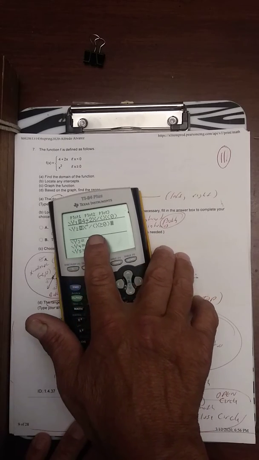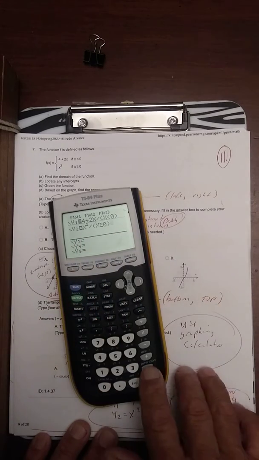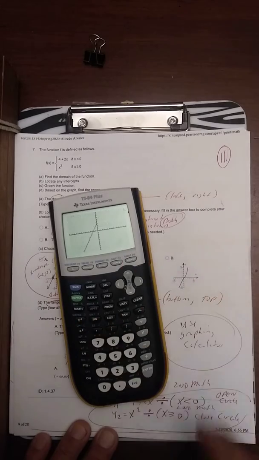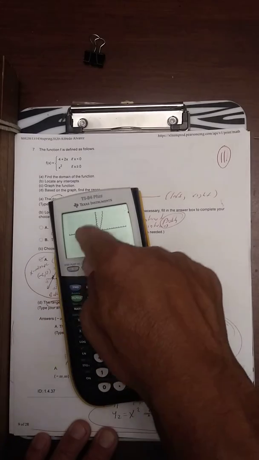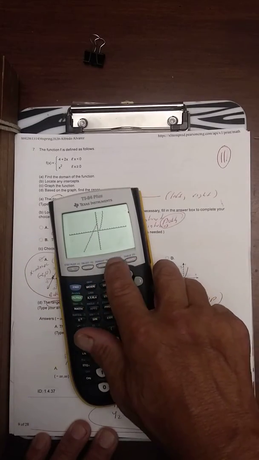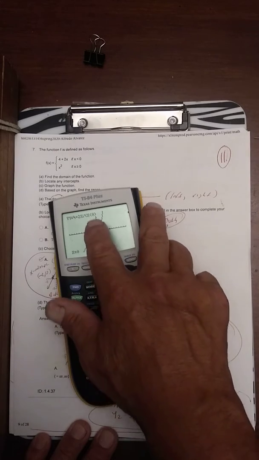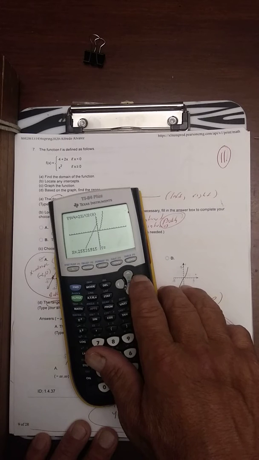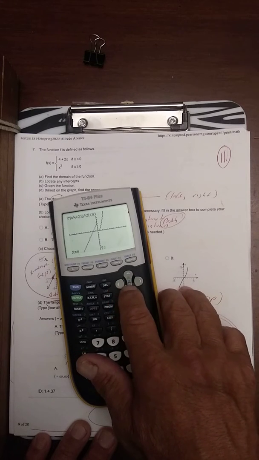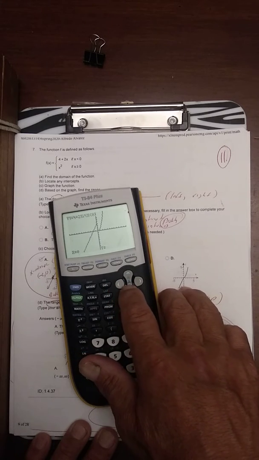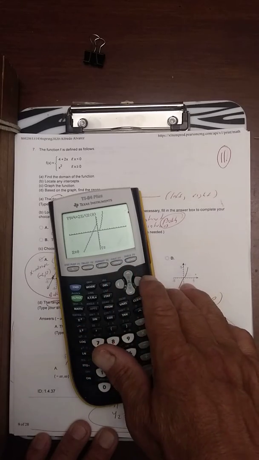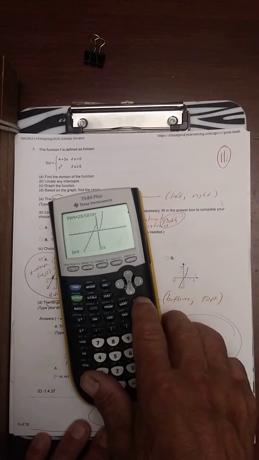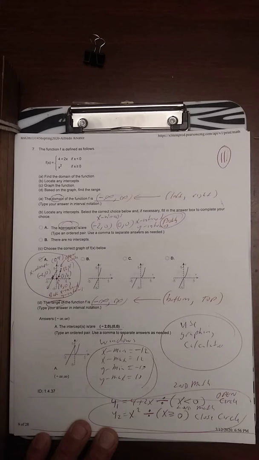X squared greater than or equals 0. Yes, let's do it. Graph now. Ah, there it is. The line going up, and you can also use trace. Gives you the points on the graph. All right. Let's get out of there.